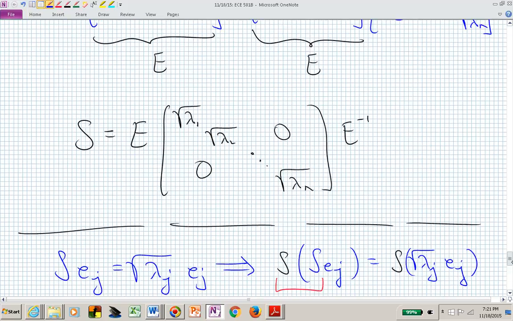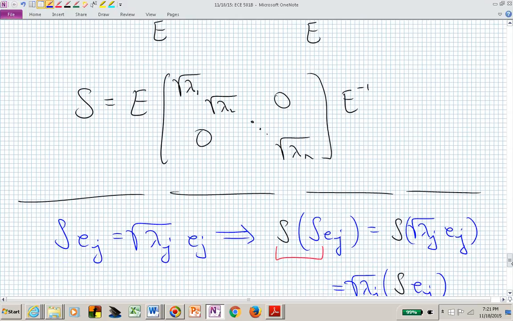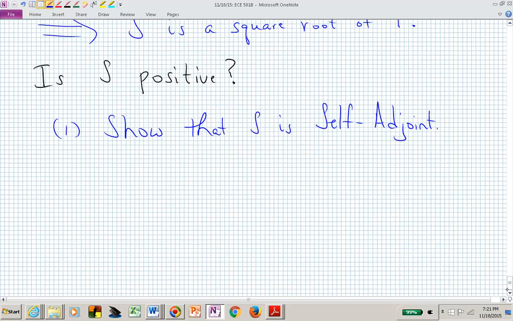S is this E, and let's just call that diagonal matrix of positive square roots a matrix lambda to the 1/2, so that now S is equal to E lambda to the 1/2, that's a diagonal matrix with lambdas square rooted on the diagonal, times E to the minus 1.